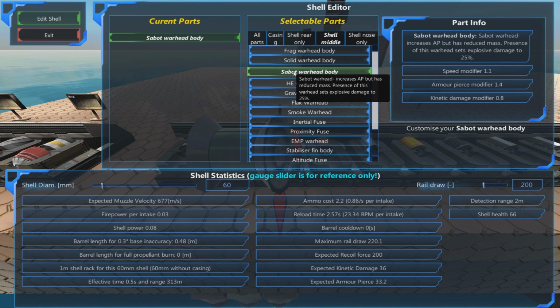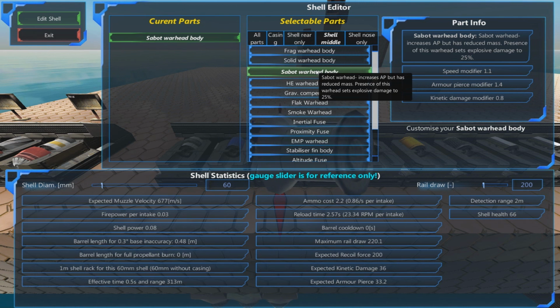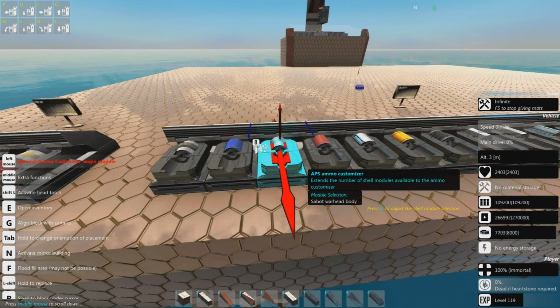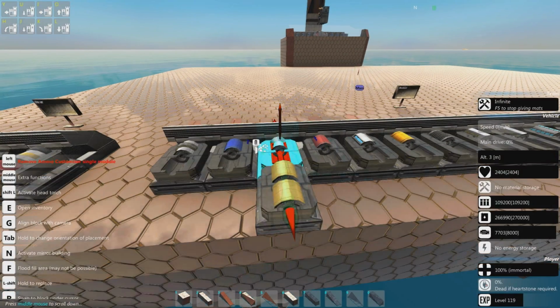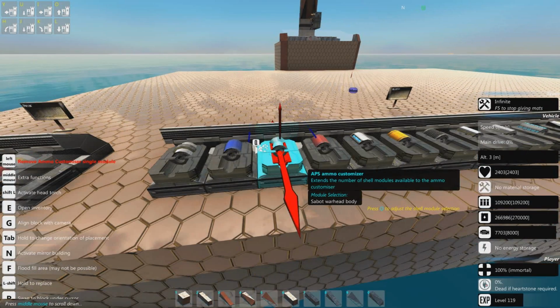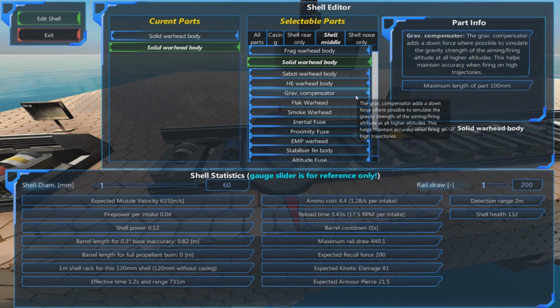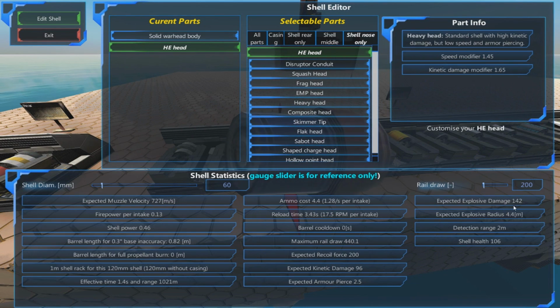So the hilarious thing about that is that this works on explosives, EMP, and Flak, so that reduces the damage of it. So let me just demonstrate that right now by doing this. I can't do that. Let's do this. Okay, so solid, and we're going to stick an HE warhead right there.